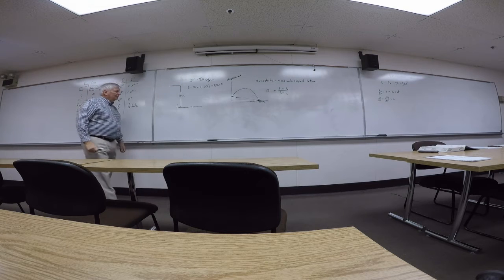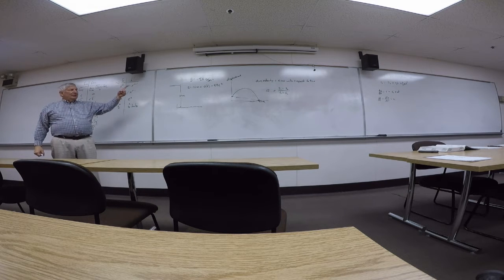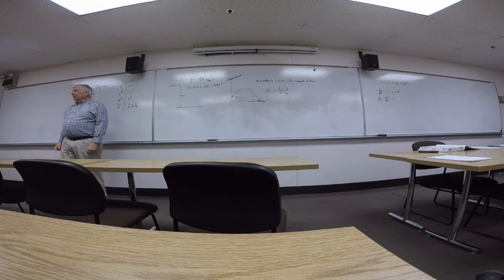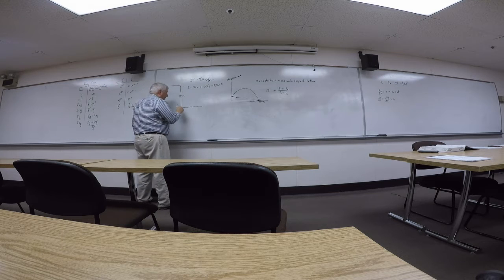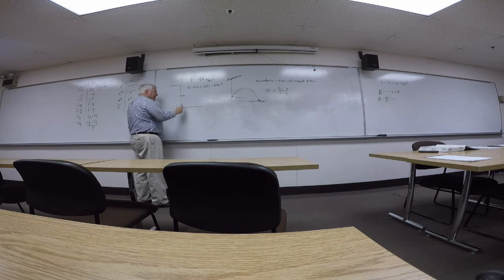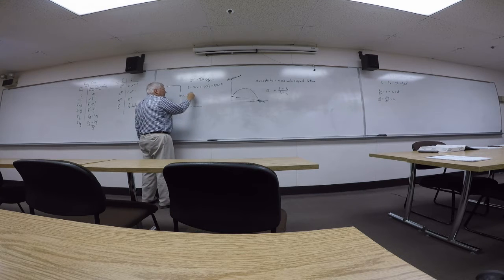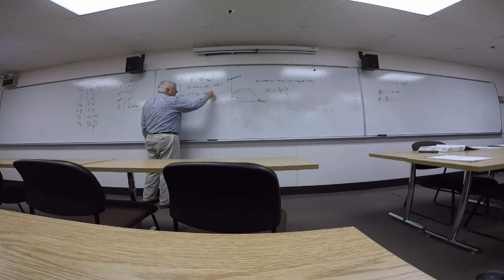Okay. So I want to know how long it takes for him to impact the water. So we know that if this is 10, then we'll start, this is 0, this is 10. So 0 is equal to 10 minus 4.9 t squared.